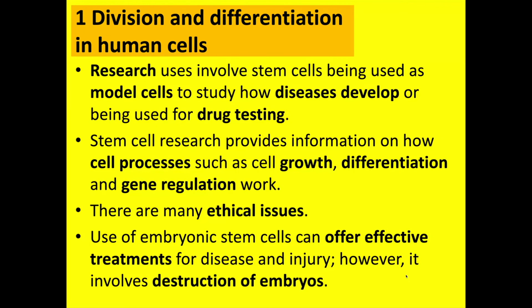And I talked about research a moment ago involving stem cells being used as, for example, model cells to study how diseases develop, or being used for drug testing. The reason they do that is because ethically, it's more acceptable to use cells in the lab and program them to be diseased and then test drugs on them than it would be to test drugs on human subjects who have the disease.